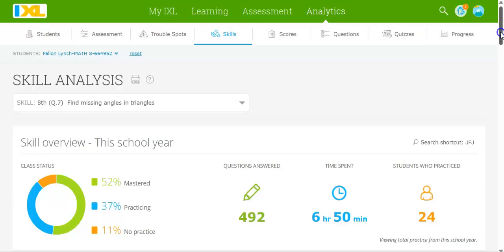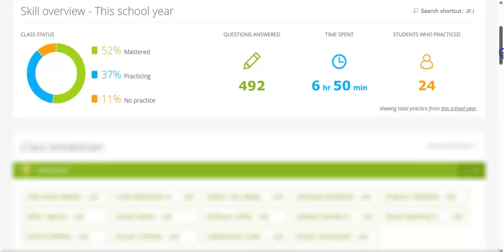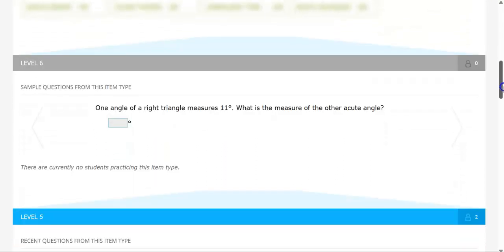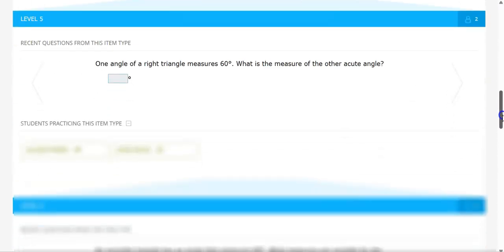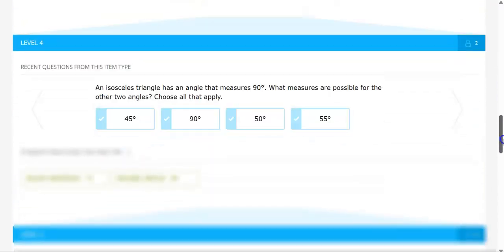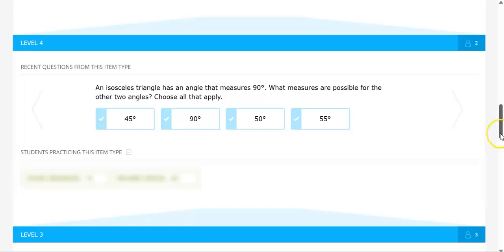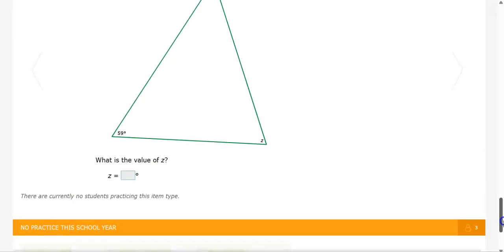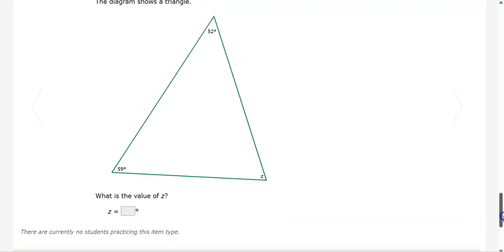As you scroll down, it's going to tier up the skills for you. Here, all the students have mastered the skill, and it says there's 14 as you scroll down. Right now, currently, there are 0 students in level 6, but there are 2 in level 5, there are 2 in level 4, 3 in level 3, 3 in level 2, and level 1, there are currently no students practicing this type.